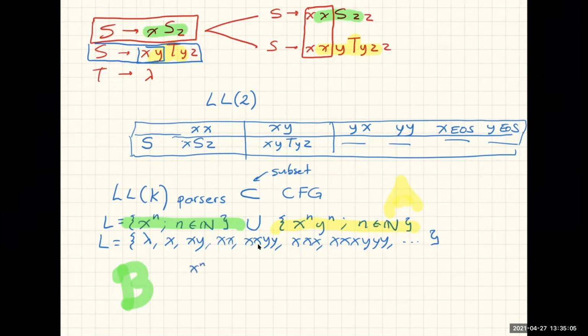Xn should be S and then accept any number of X and then an S again, or S can get to lambda. This is for Xn. And for Xn, Yn, we have this one, X, X, Y, and then S can go to lambda.